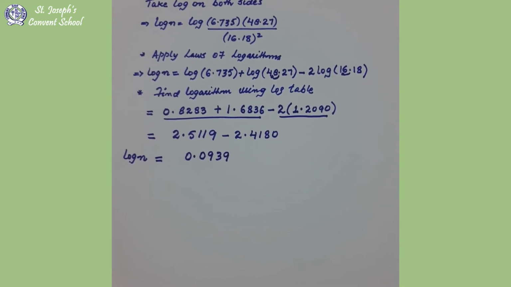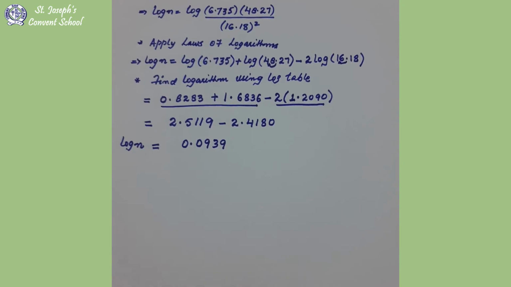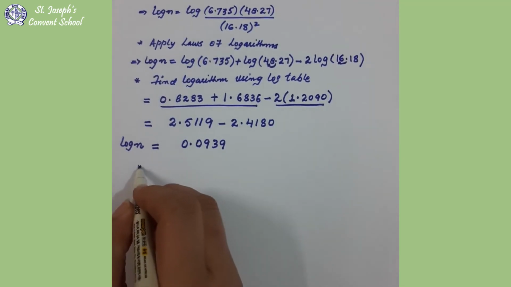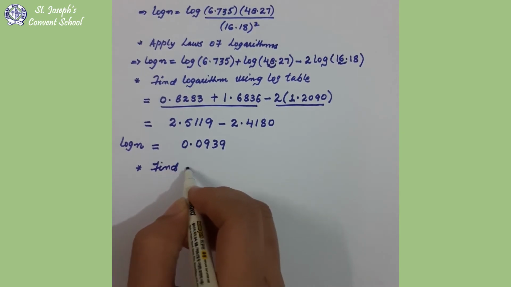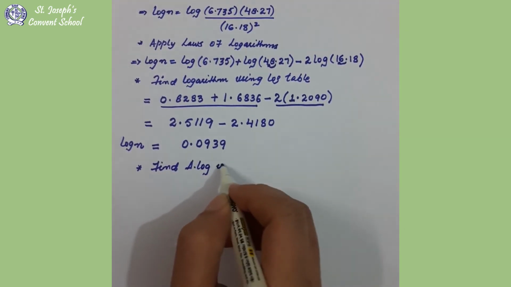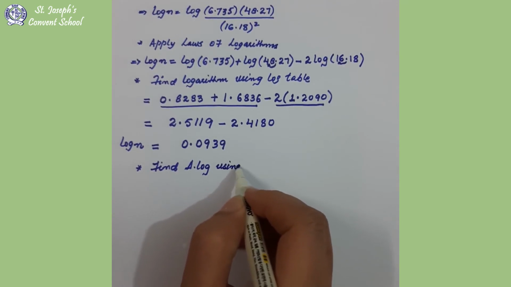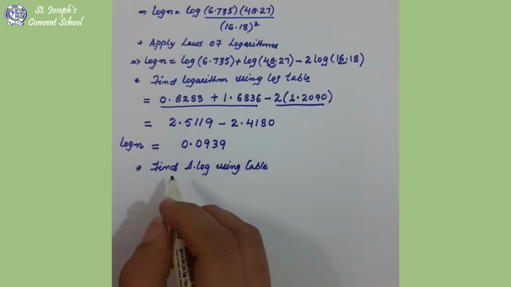Now the last step we'll do is how to find the anti-log. Now the last step is to find the anti-log, okay, using the anti-log table. Okay, let's find it.